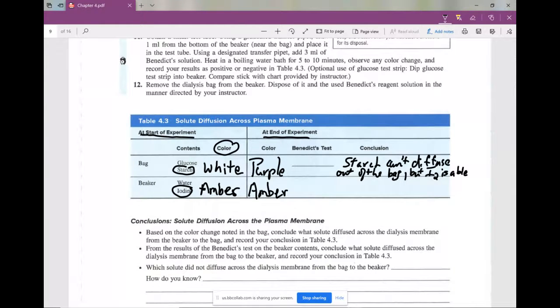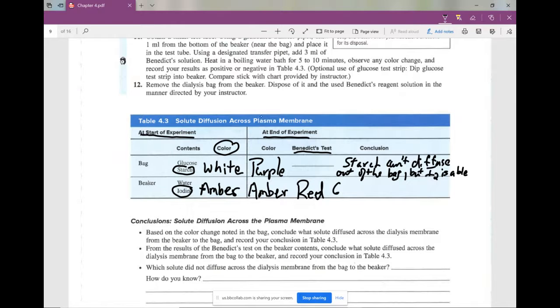Now, I told you we were going to take a sample of the water from the beaker at the end of the experiment and expose it to the Benedict's test. And what would happen? Well, the Benedict's test would show that the water turns, let's call it red. All right, let's be sure about this in this hypothetical situation. And what does that mean?